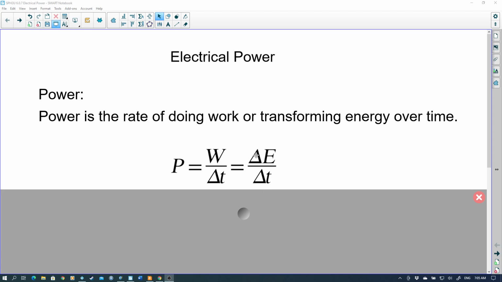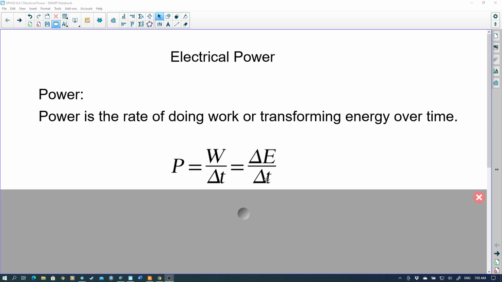We often use deltas at the beginning when we're looking at equations because it's the change in energy over the change in time. But there is a possibility that I'm going to drop the deltas at some point, because if your starting energy is 0 and your final energy is a certain value, then really you only need to know that second value of the energy, because the first one is 0. Same thing with time.